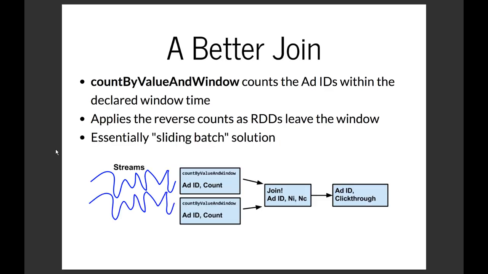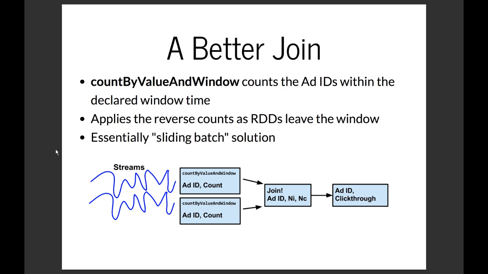So if we want to do our join again in a way that is correct, what we do is we use the count by window and value method, and that may have changed. Spark changes its APIs pretty frequently. It's kind of hard to keep up with, but at last I checked, count by value in window is the actual name of the method, but there's probably some similar functionality if that's not literally what it's called.